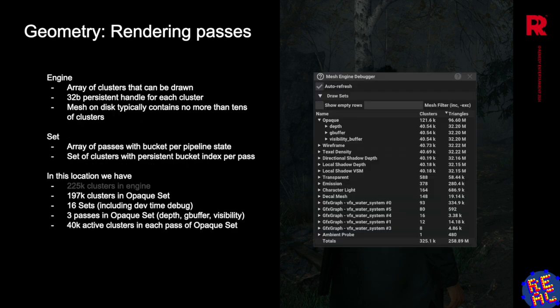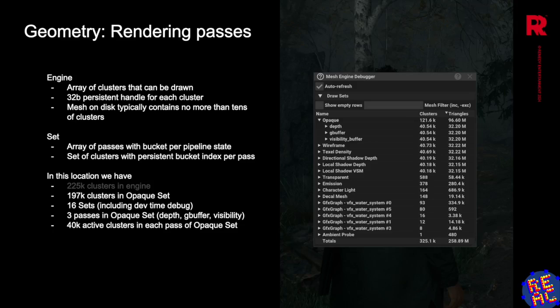Our cluster set holds a configuration for a number of passes that contain the same group of clusters. Each cluster inserted into the set will have a bucket index for each pass in a set. So if the set contains 2 passes that are depth and geometry, each inserted cluster will have 2 bucket indices.